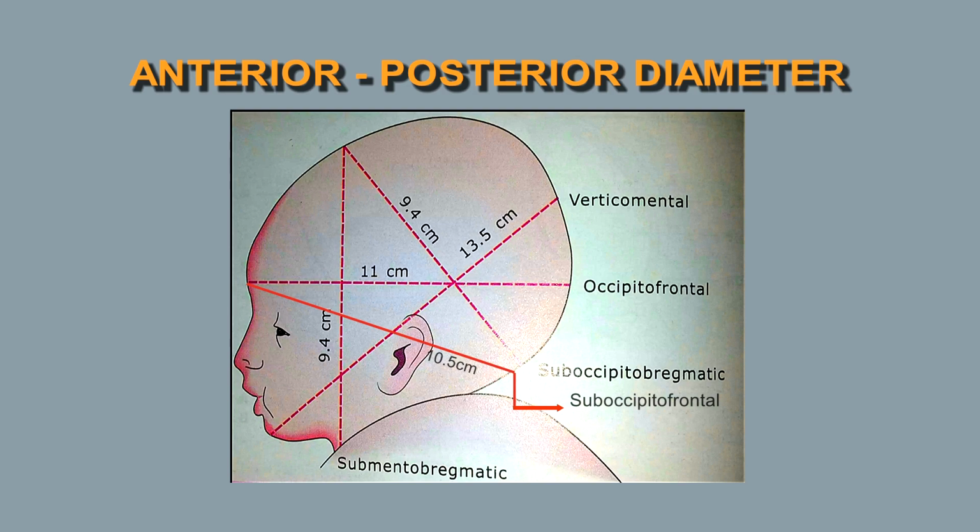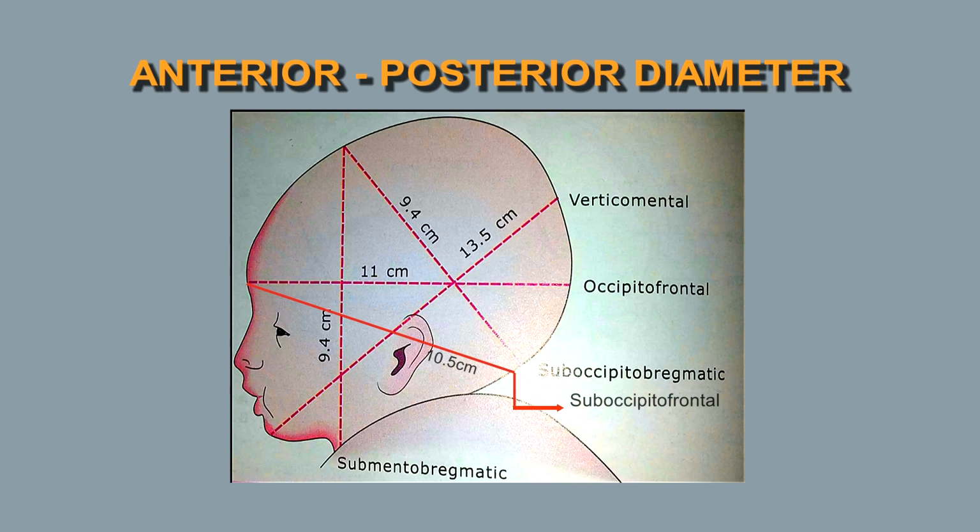The second one is occipitofrontal diameter, which is 11 cm. It extends from the external occipital protuberance to the glabella and presents when the head is deflexed as in occipito-posterior. The third one is suboccipitofrontal, that is 10.5 centimeter. It is another presenting diameter in occipitoposterior.